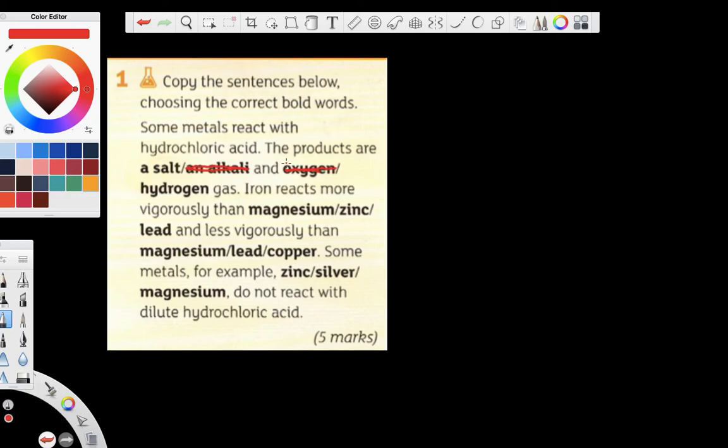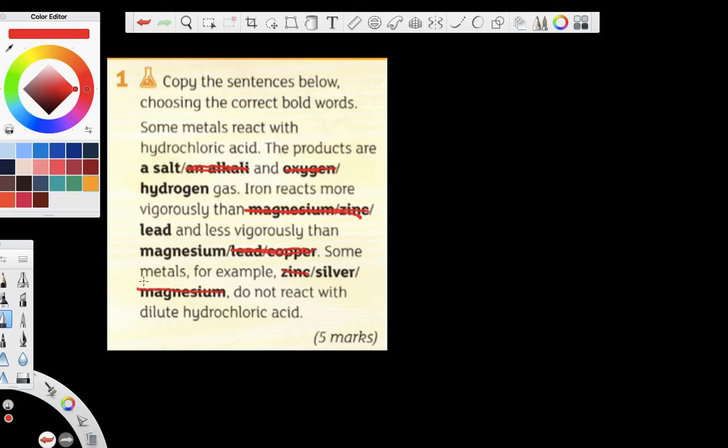Iron reacts more vigorously than lead and less vigorously than magnesium. Some metals, for example, silver, do not react with dilute hydrochloric acid.